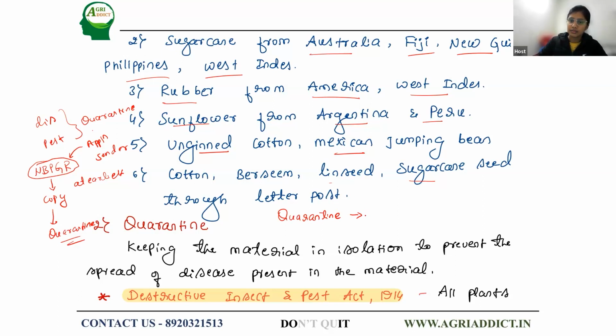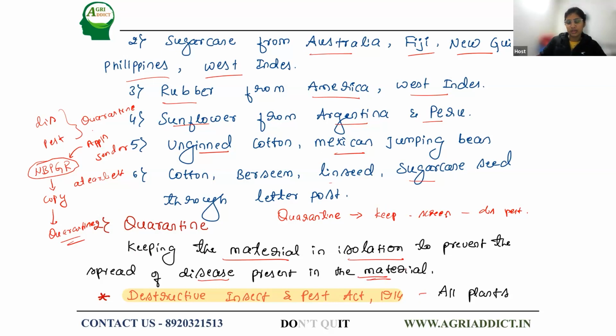Anybody else? We are isolating and screening the materials so that they do not contain any pest or disease. Yeah, very good. We keep the material in isolation and screen it to make sure it is free from any disease, pest or problems, which could be associated with any virus. So quarantine is keeping a material in isolation to prevent the spread of disease present in that material.